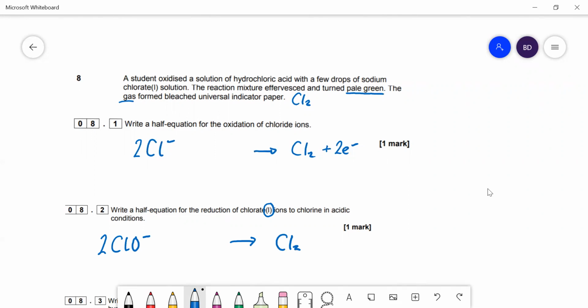Balance the oxygen, so we need to put an H2O on the right hand side. We need 2 H2O there, sorry. Balance for hydrogens, we're going to need 4 hydrogens, so there's 4H plus there. Now we need to balance for charges. We've got 0 on the right hand side of the equation, but we've got +2 on the left, so we need 2 electrons there.